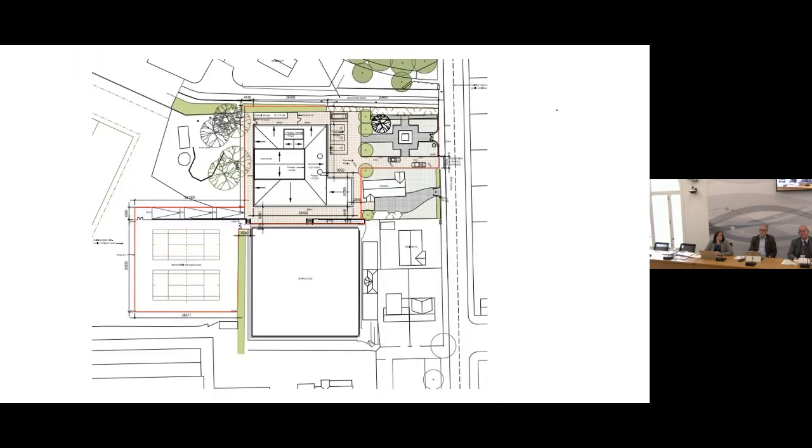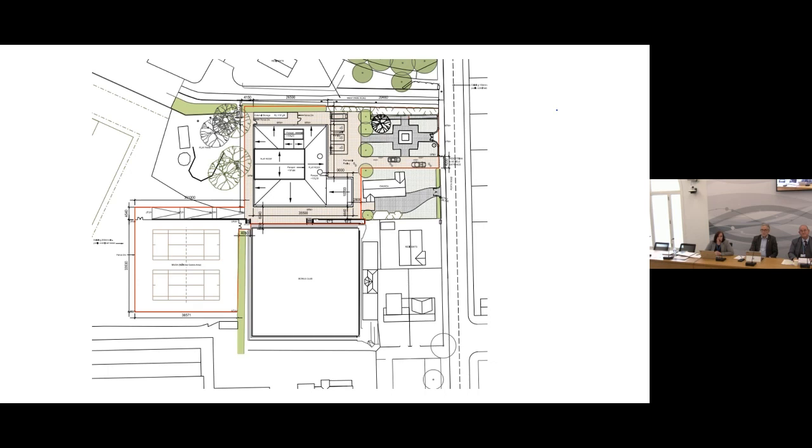Next slide, please. A couple of plans to start with. Application site is shown in red. So this comes through off Perth Road, with the War Memorial on the top side. It is a vehicular access, but only for the 3 parking spaces, or 4, I should say, for a coach as well at the front of the new building.